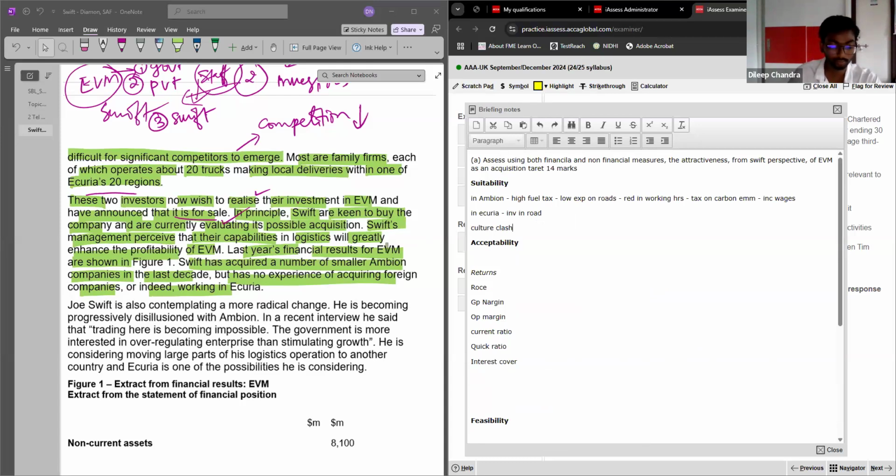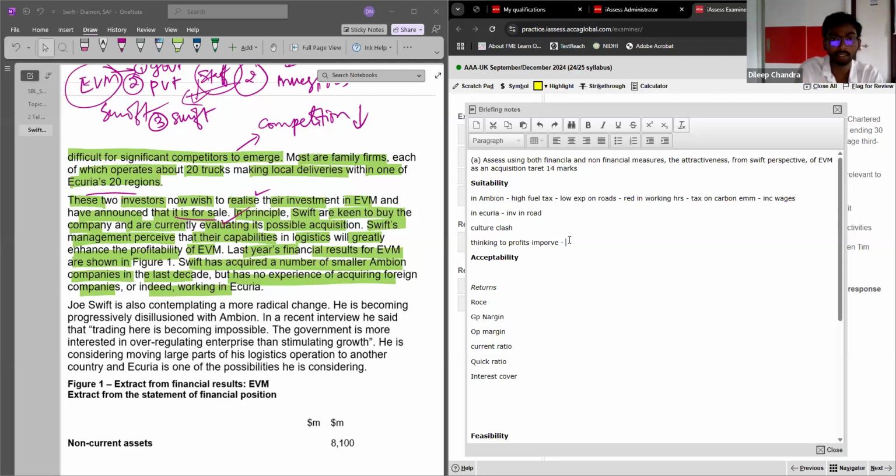What else can I think of? So they're thinking that they can improve the profitability, right? So, thinking to improve profits. That is, on one hand, okay.